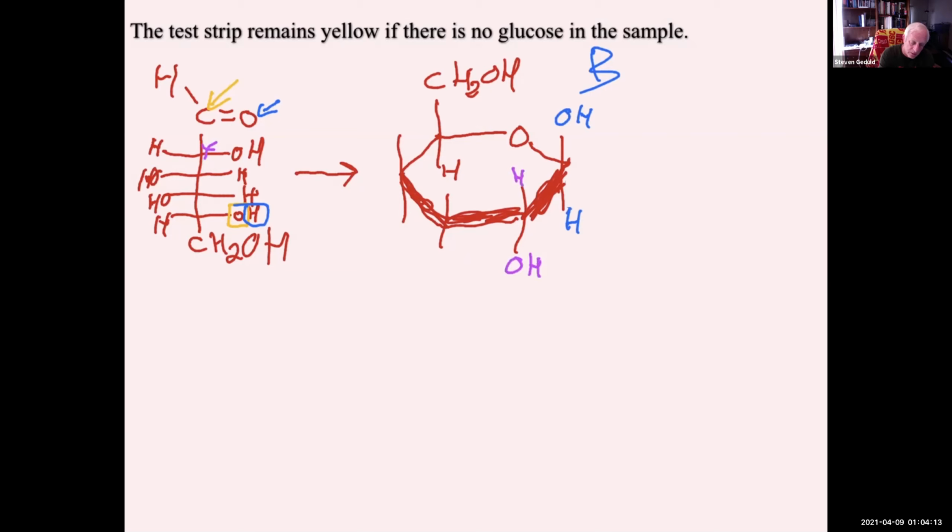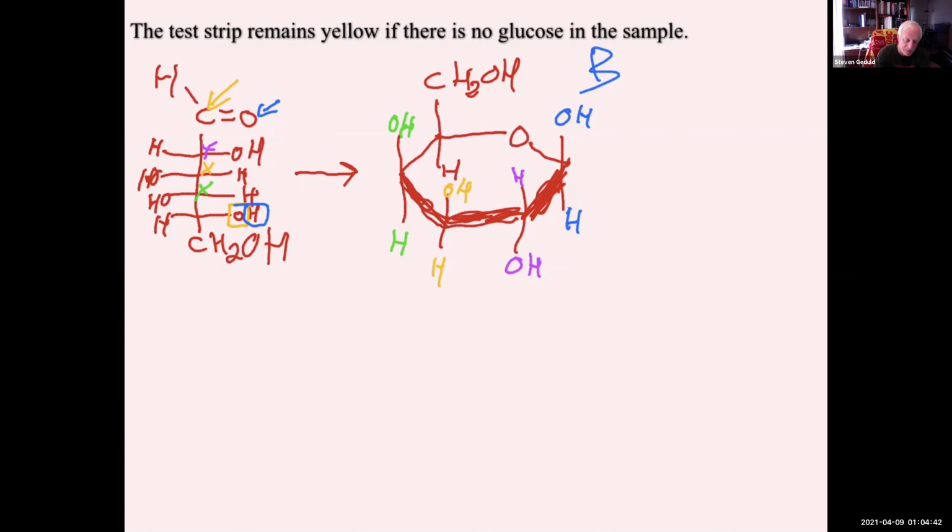The next one is carbon number 3. The OH on the left, it goes above the ring. And the next one, the OH on the left, it goes above the ring. So the colors correspond to each of the carbons. If the OH is on the right, it goes down. On the left, it goes up.